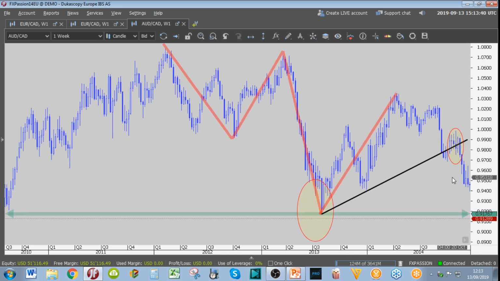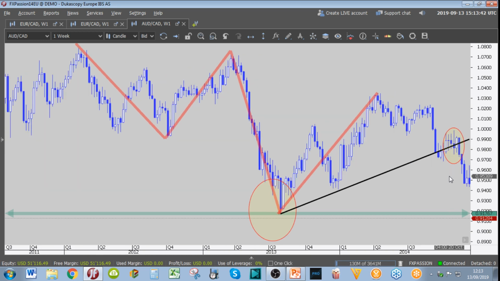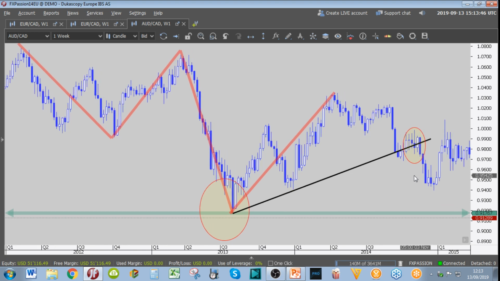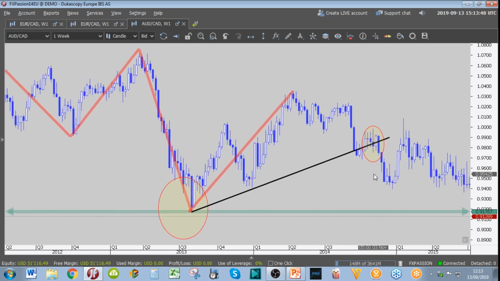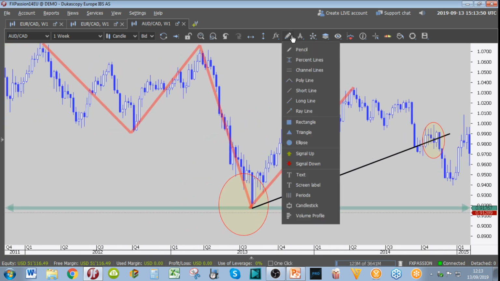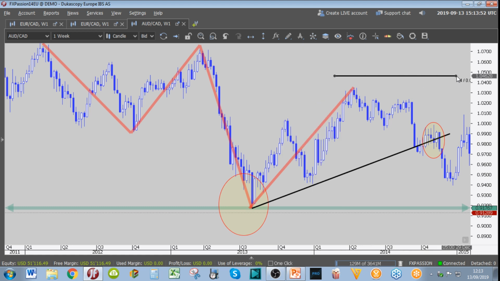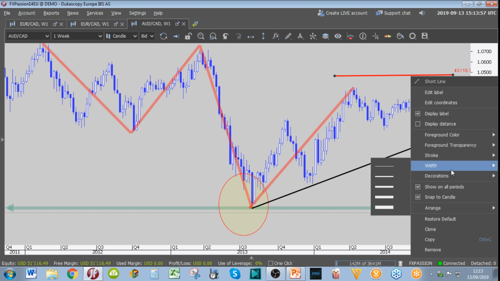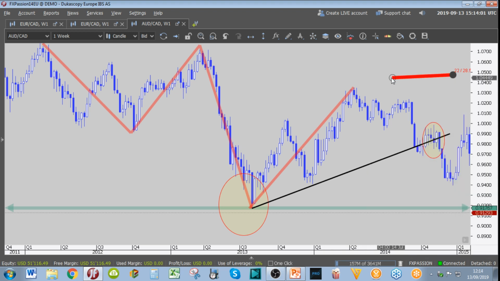Okay, just an example. We entered in here. Let me see if this is the best example. And our stop loss is up in here, right? This is the most logical place. Oh, passion, but we are on the weekly chart. It's just an example, everyone.